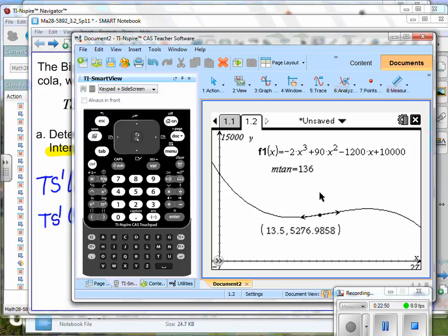Okay, so revenue will increase by $136 million. Imagine that.